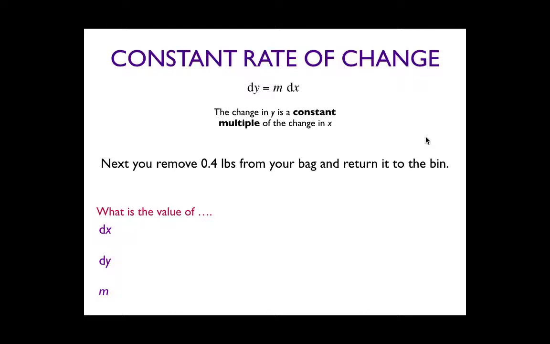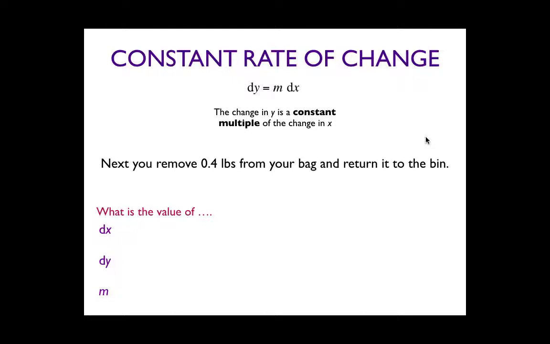But if I take out 0.4 pounds of snack mix from my bag, I can compute how that's going to affect my cost, how it's going to make the cost more or less, we hope. So what would I do to find the amount of decrease in my cost? Just 0.4 times, same scenario, 2.75, right? Whatever 0.4 times 2.75 is, that would be the value of the change in the price.